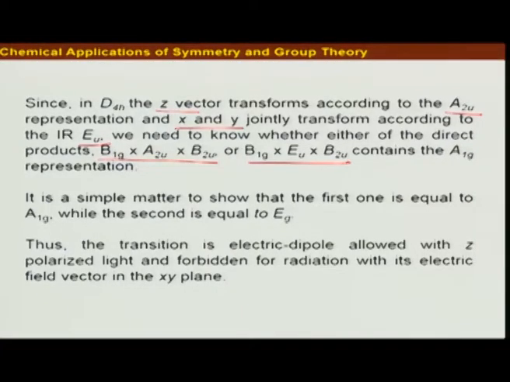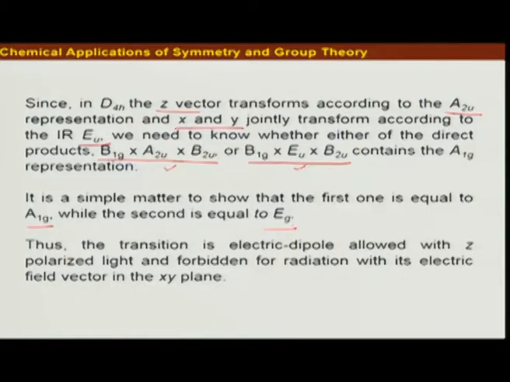In this particular case, this representation deals with x and y together, while this one deals with the z polarization. Once you solve it, which is very easy, you can figure out that the first one does not give the totally symmetric representation, while the other one gives A1g, the totally symmetric irreducible representation.